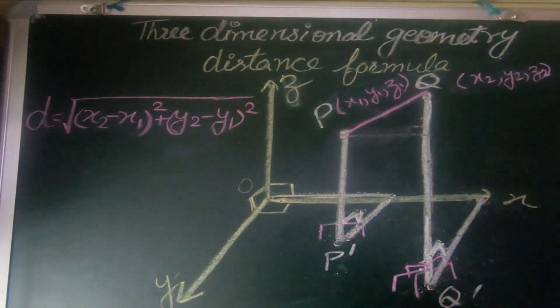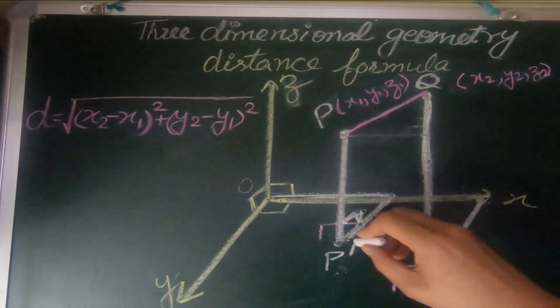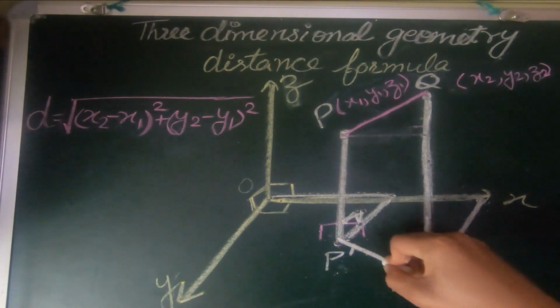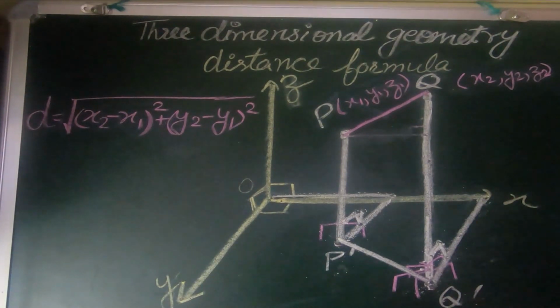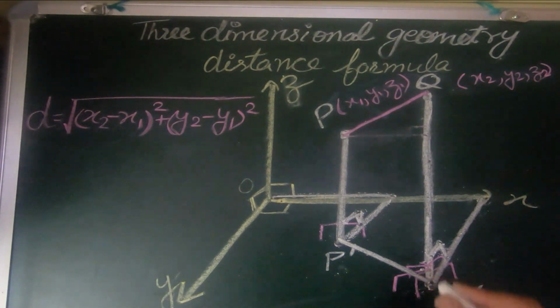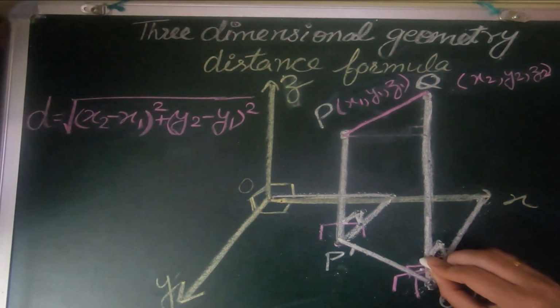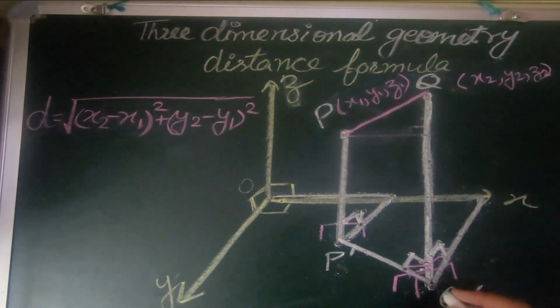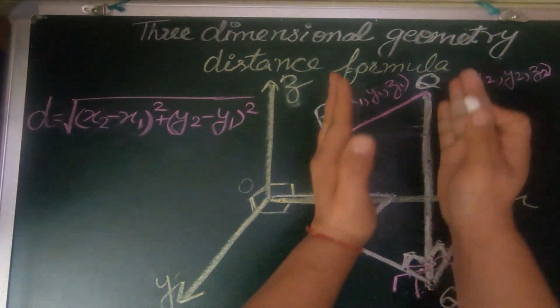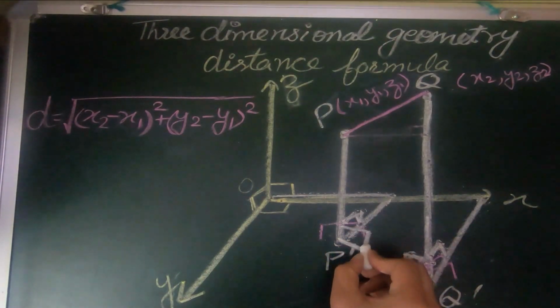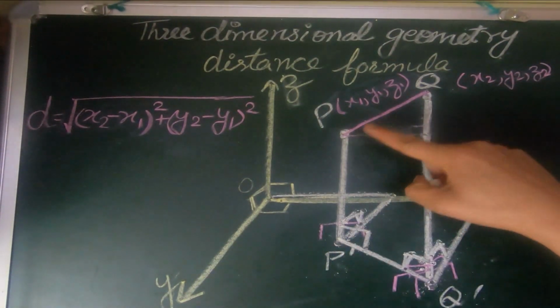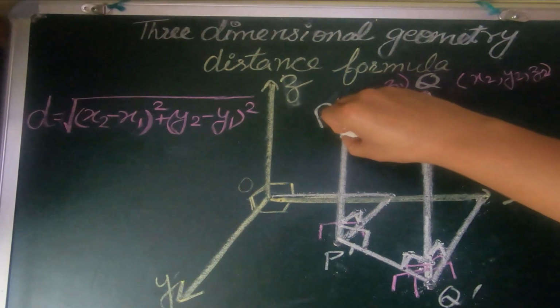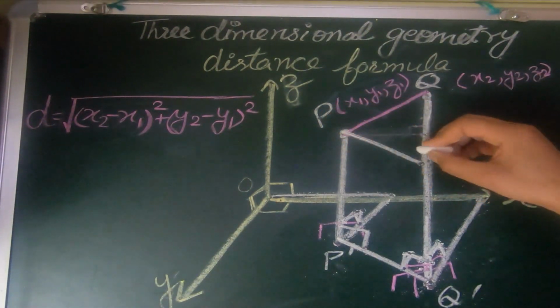Now, to complete a right angle triangle, first see here: if I join these two, this is also 90 degrees, because I'm joining the two points in the XY plane and these objects are standing. This is also 90. So the right angle triangle that we complete here is actually this.